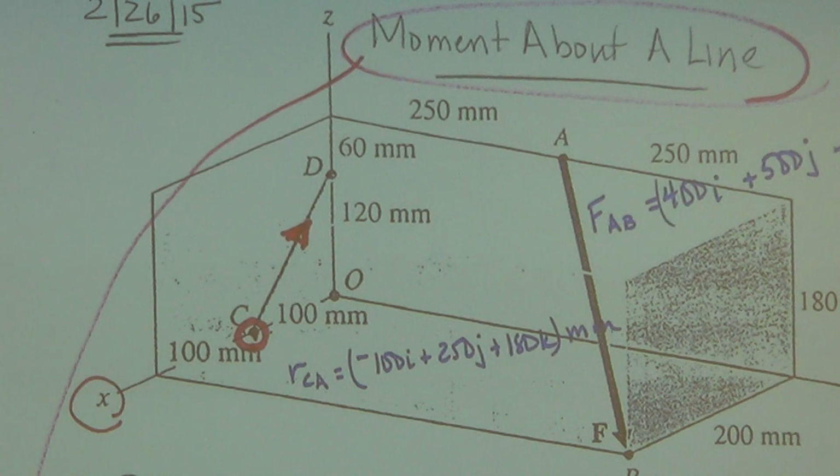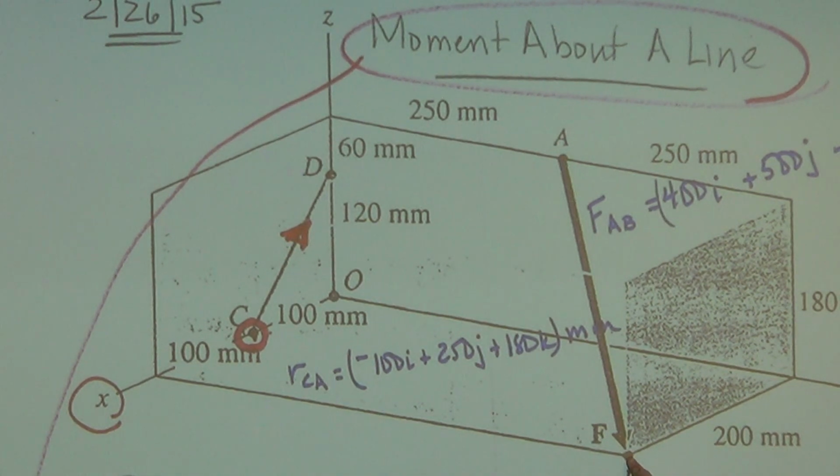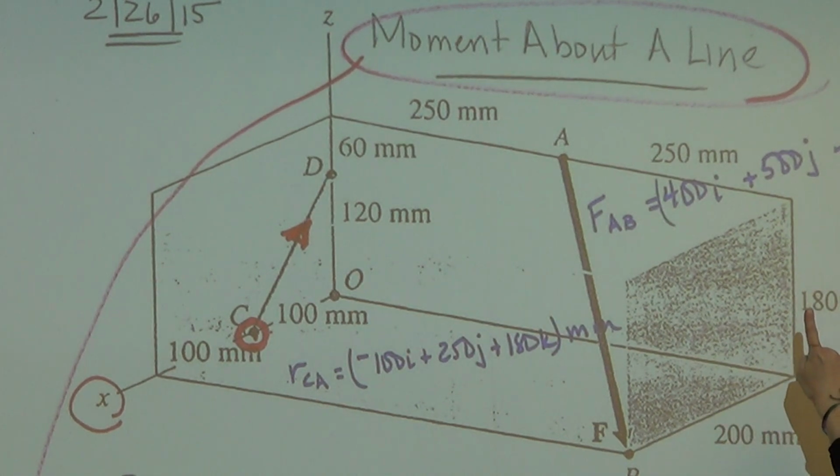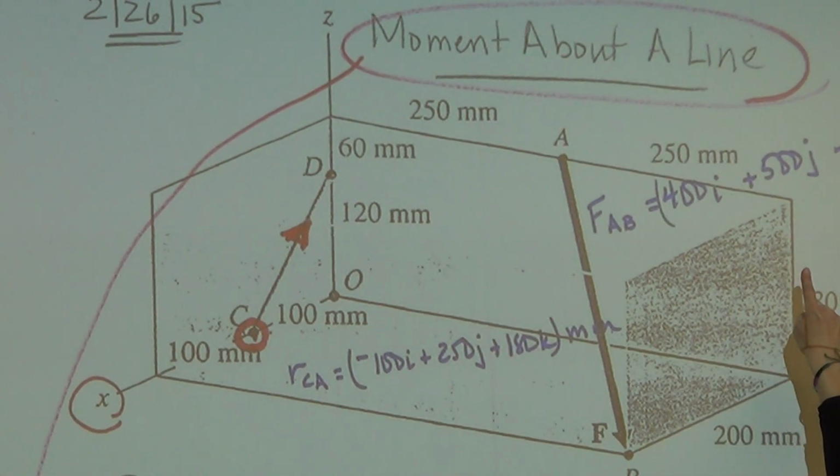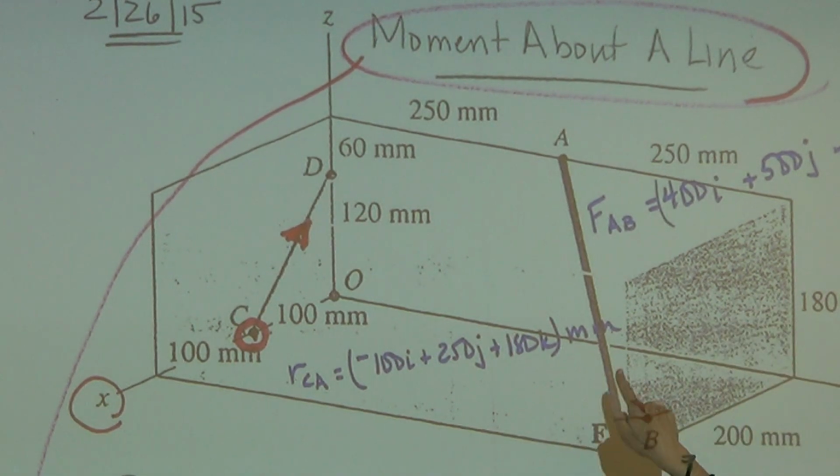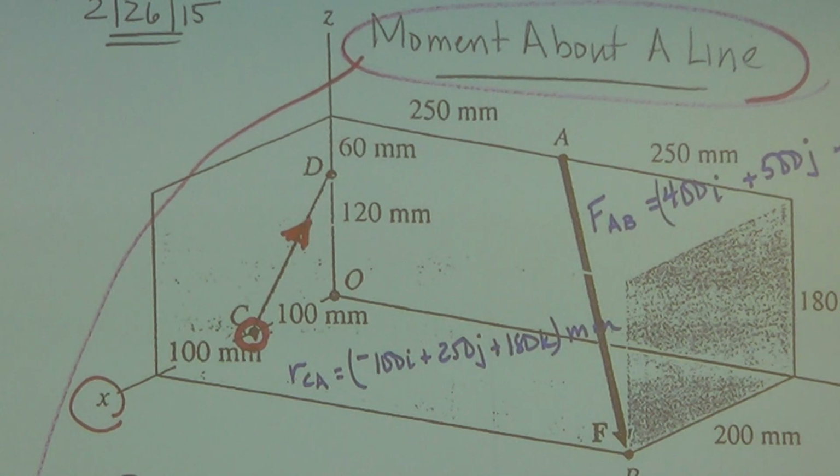If this was B and A was in the upper point of the box right there, they may be parallel. But this to me looks like they can't be parallel, because they're more like this.